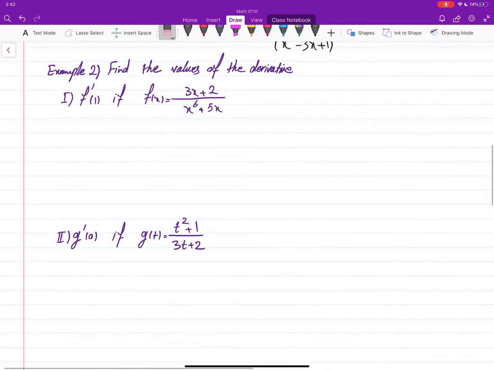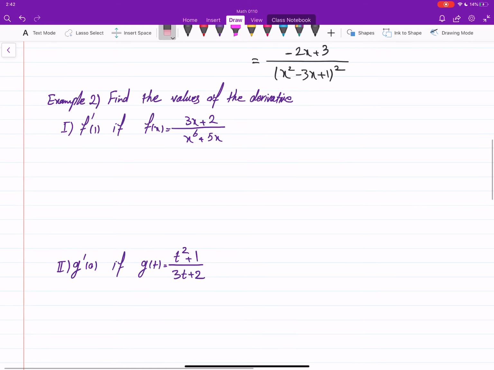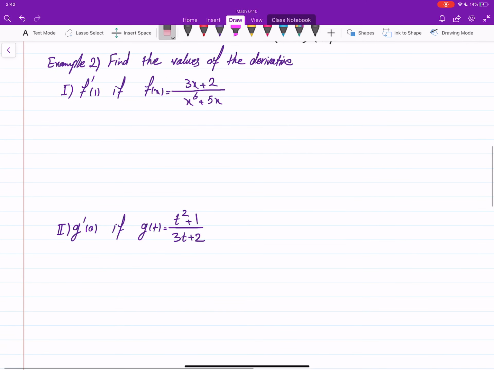Let's do two more examples. In these examples, we are trying to find not the derivative, but the value of the derivative at a point. It means that we have to first find the derivative and then plug in 1 for x. So let us find f prime of x. This is (3x plus 2) over (x to the power 6 plus 5x).